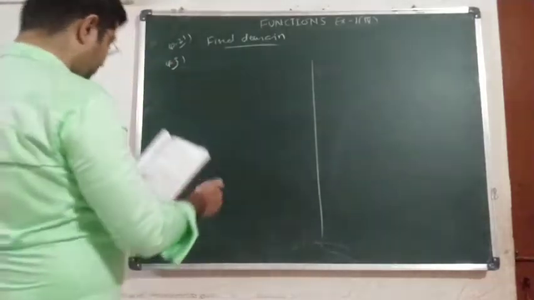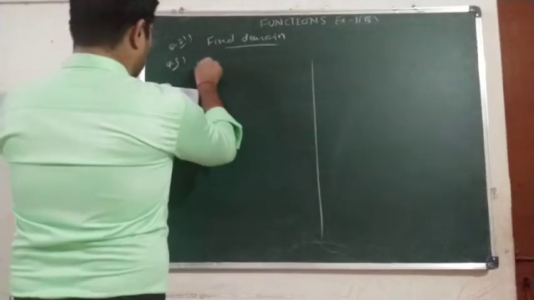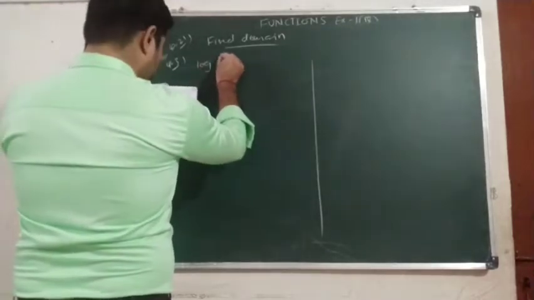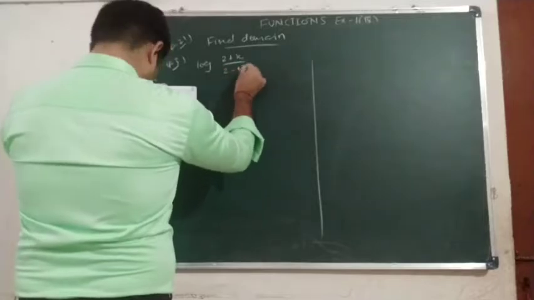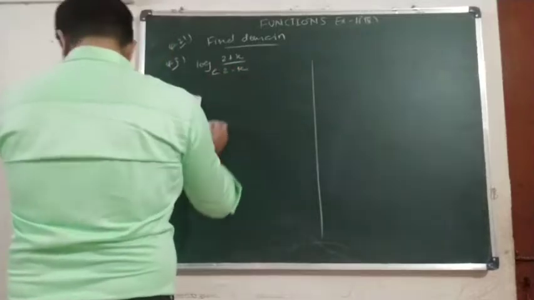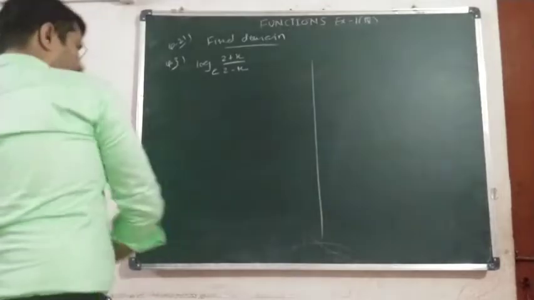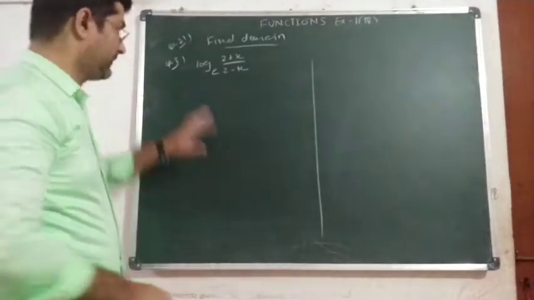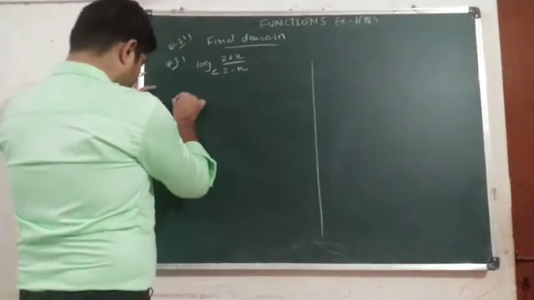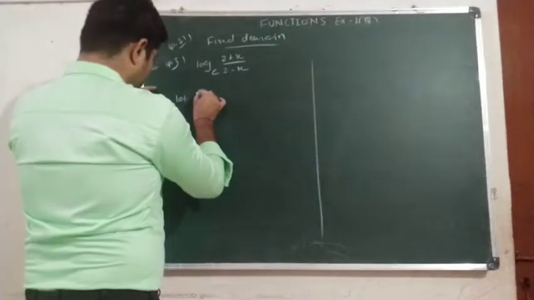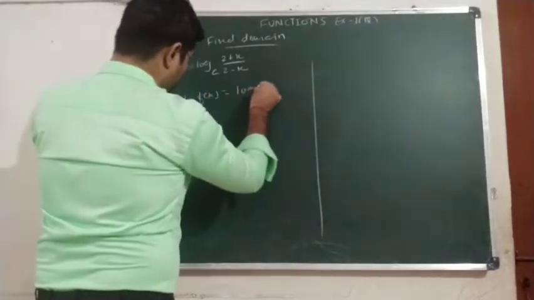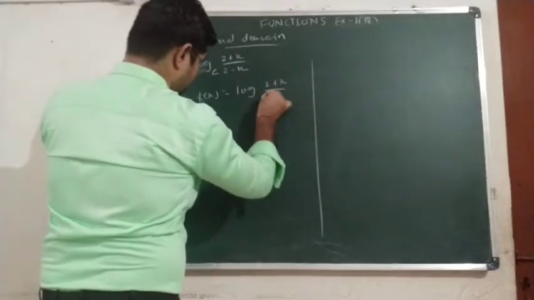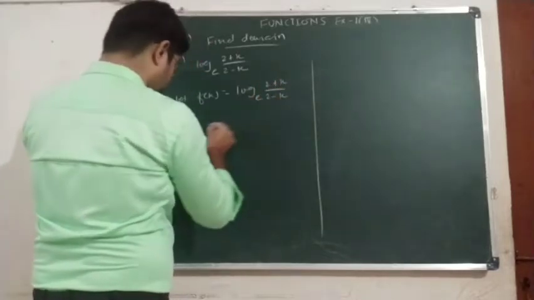Okay, question 3 is log of 2 plus x upon 2 minus x to the base e. Okay, now we know that log function is defined. Okay, let f of x is equal to log of 2 plus x upon 2 minus x to the base e.